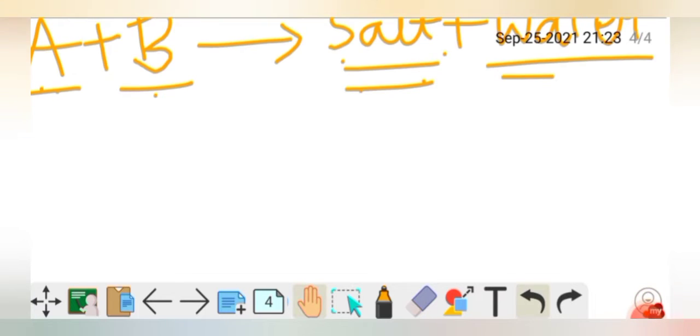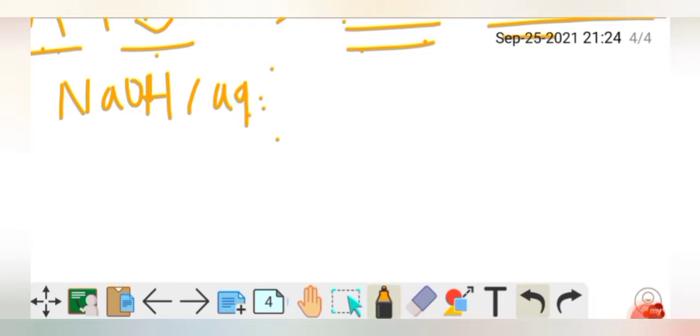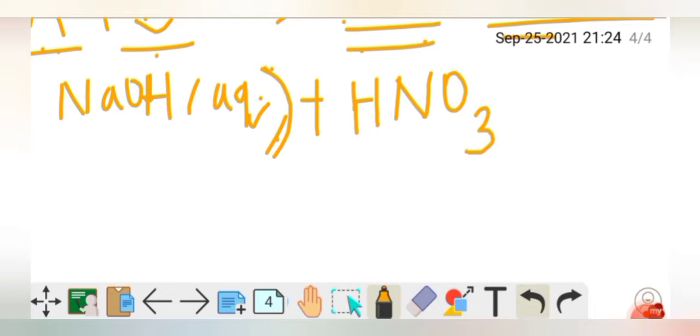So I'll write sodium hydroxide, that is NaOH, in aqueous form, which reacts with HNO3, that is nitric acid, also an aqueous solution.